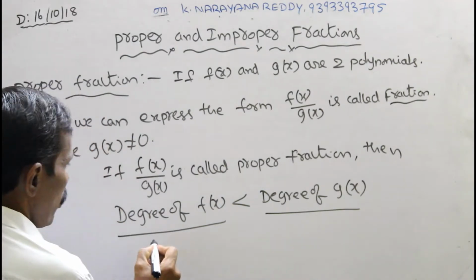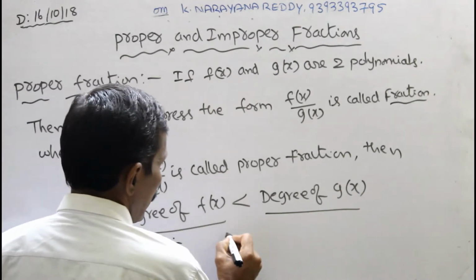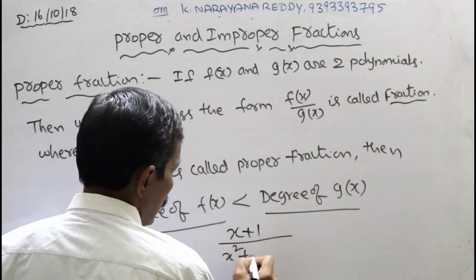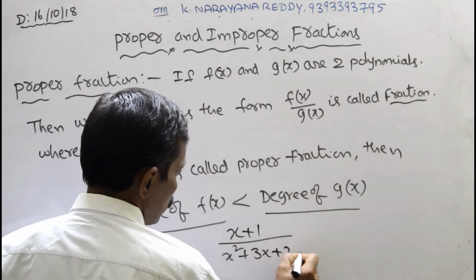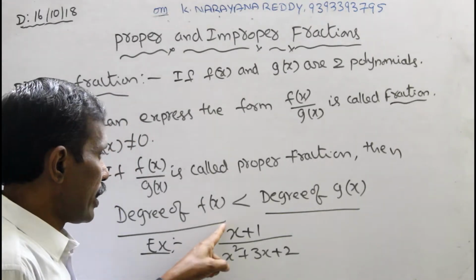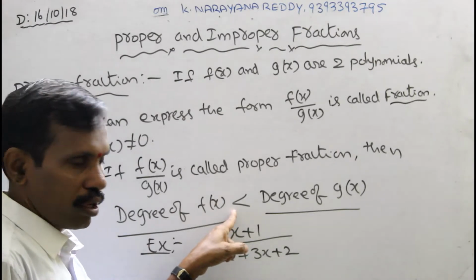Example: x plus 1 divided by x square plus 3x plus 2. Here the degree of the numerator is 1, x to the power of 1.